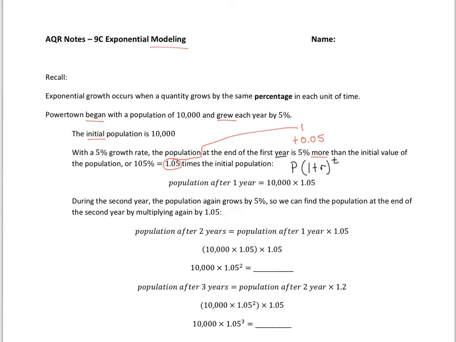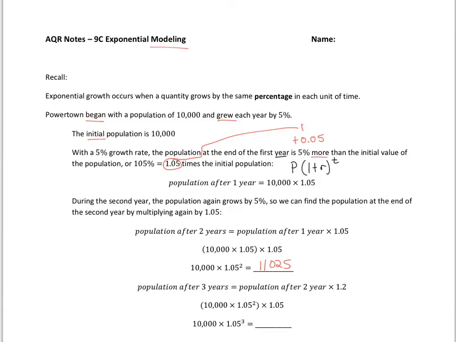And what we can do is keep raising the exponent, increasing the exponents by 1. So 10,000 times 1.05 to the second power is 11,025. That's the population after 2 years.